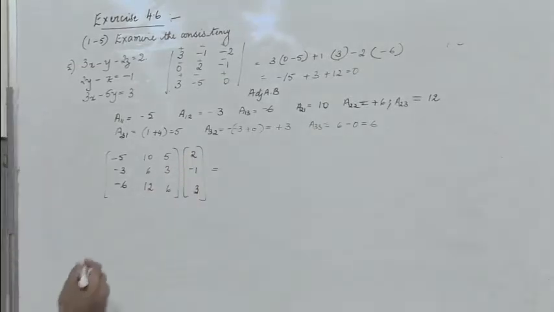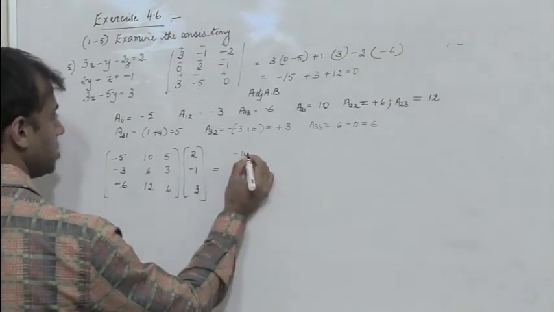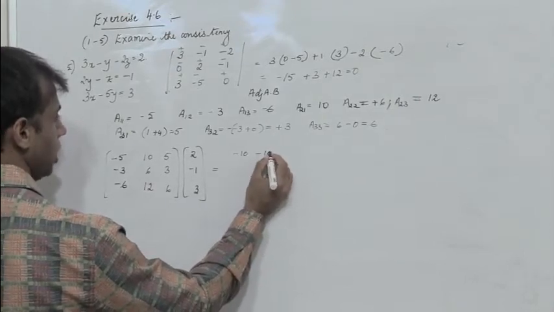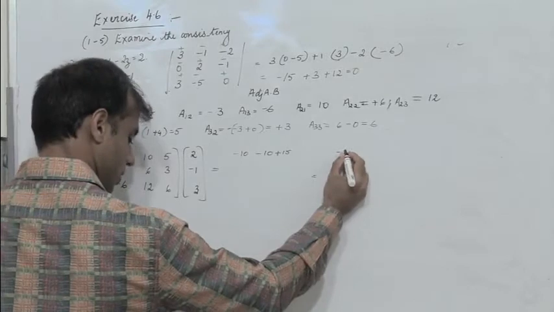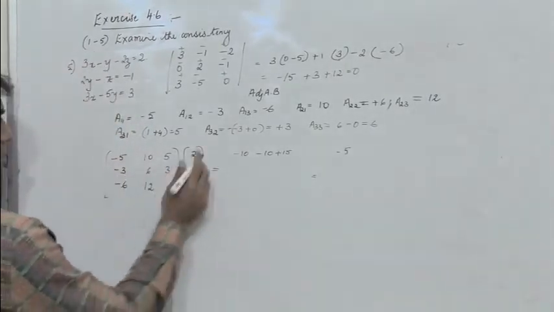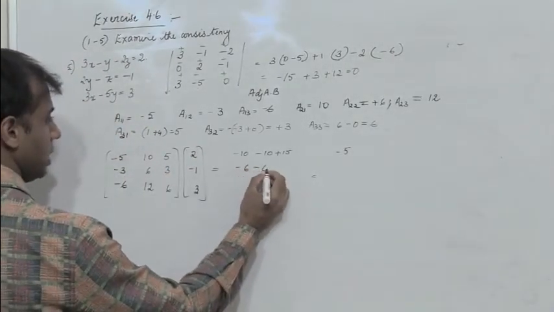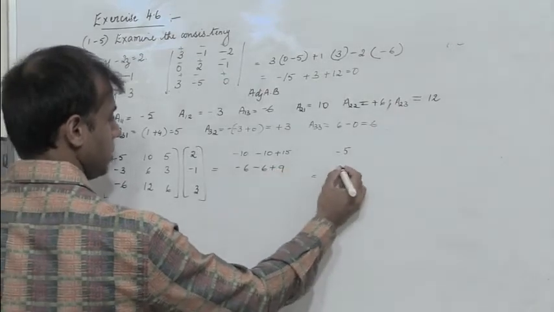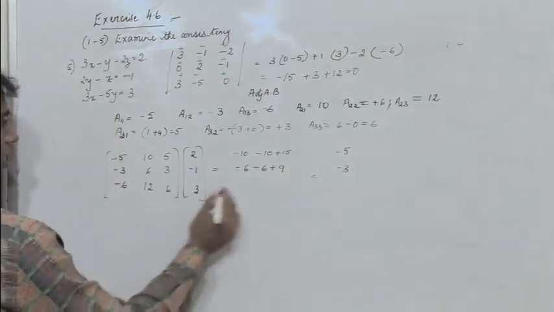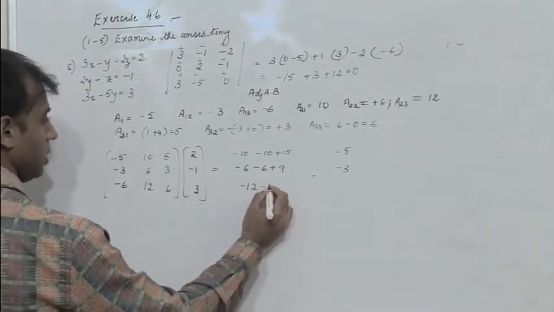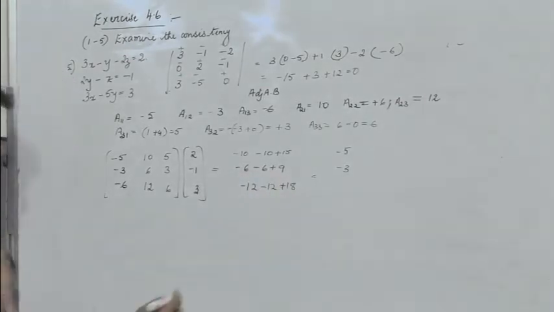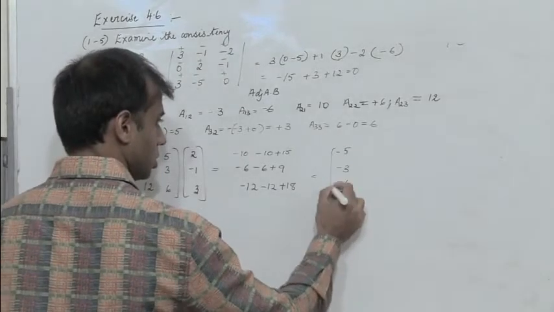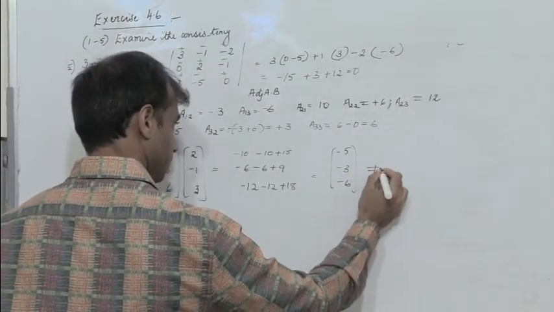So what do we get? We get minus 10 plus 15. So we get minus 5. And next we have minus 6 plus 9, which gives me minus 3. And then we have minus 12 plus 18. So that gives us again minus 6, which is not equal to 0.